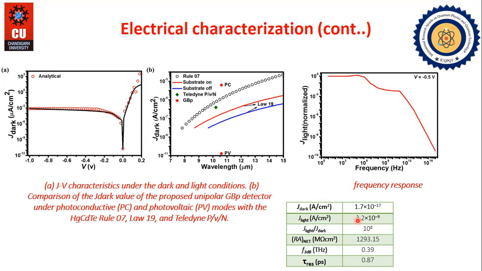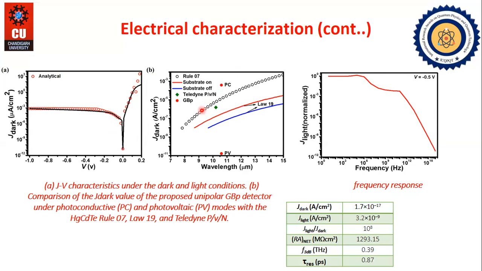We can say the light current density is 10 to the 8 times the dark current density. So this will result in the high specific detectivity and high signal to noise ratio.